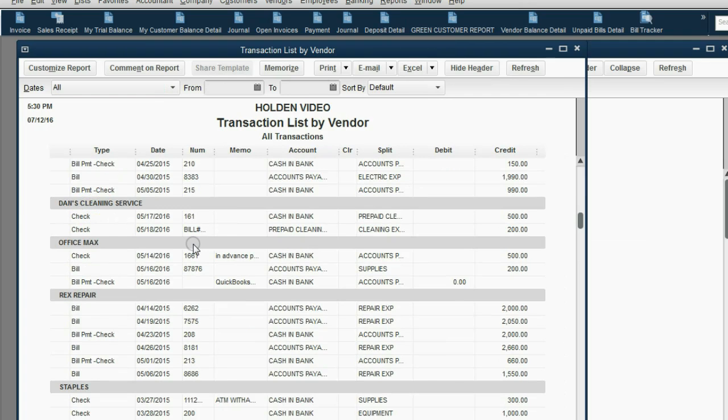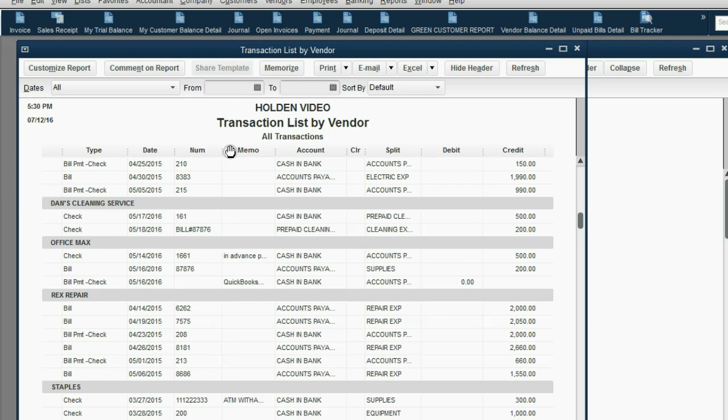And you can see this does keep very accurate records of Dan's Cleaning Service and the transactions we have. Notice that the check on May 17th for $500 means Dan owes us $500. And then notice the bill that Dan gave us on May 18th decreases the balance by $200.